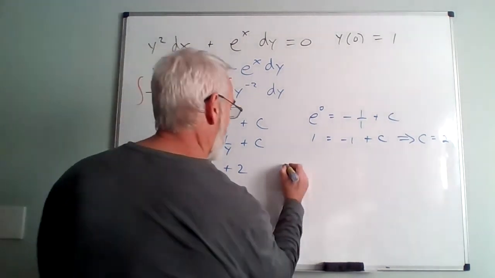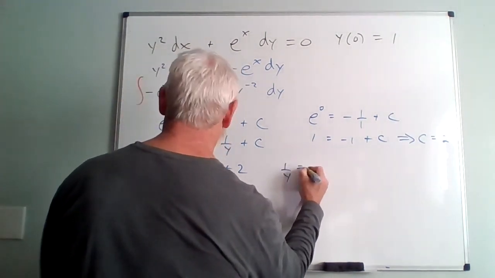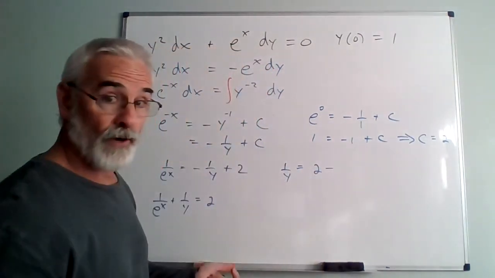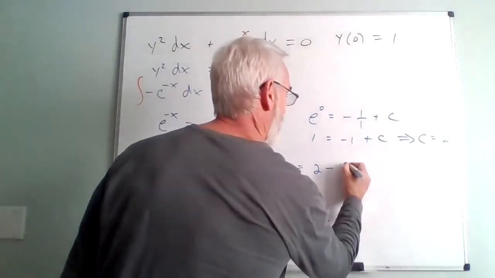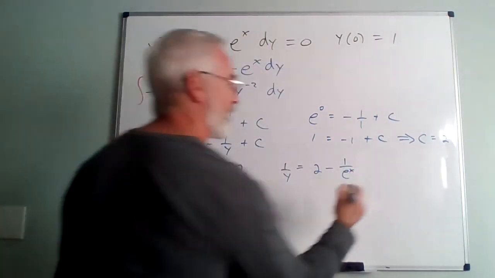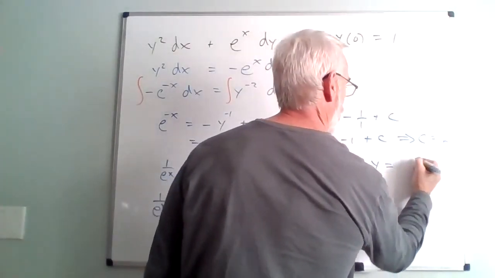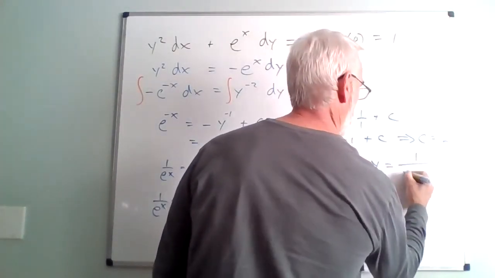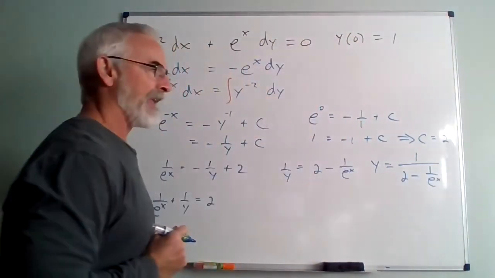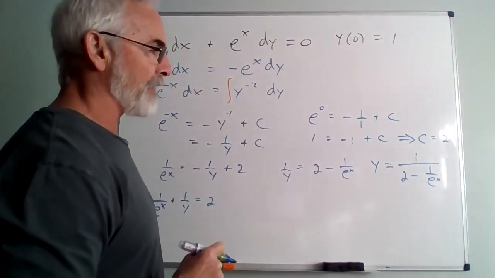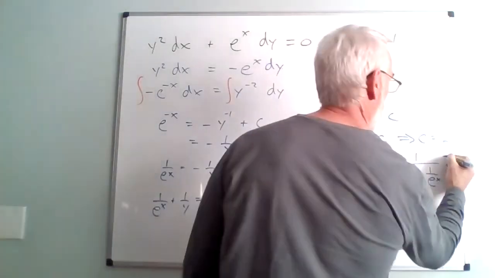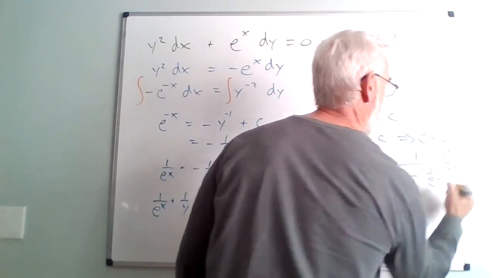So I can rewrite that as 1 over y equals 2 minus e to the negative x, or I can write it as 1 over e to the x. Now, if I take the reciprocal of both sides, I've got y equals 1 over 2 minus 1 over e to the x. And at this point, the last thing I would do to make this a really nice quotient is I'd multiply top and bottom here by e to the x.